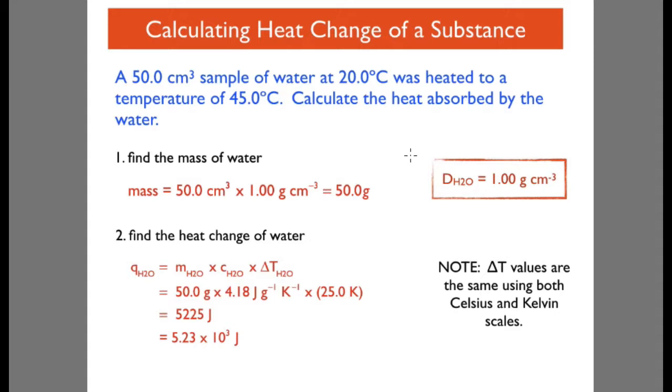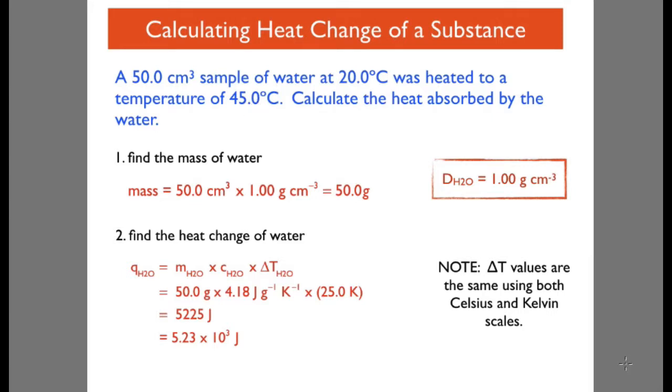Secondly, we'll find the heat change of water. We use our formula. So the heat change is going to be the mass, which we just calculated to be 50 grams, stick that in, 4.18 joules per gram per Kelvin is a constant. And then we've got a change of 25 degrees because initial was 20, final was 45.